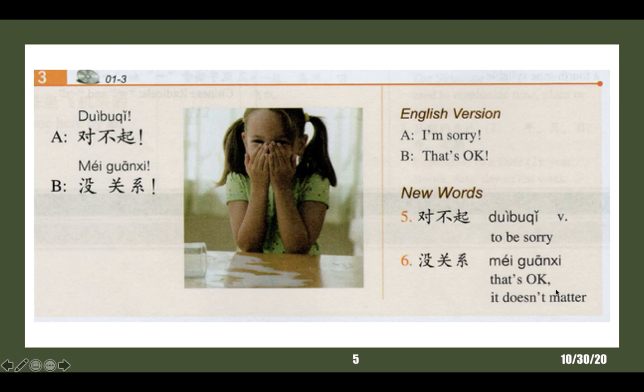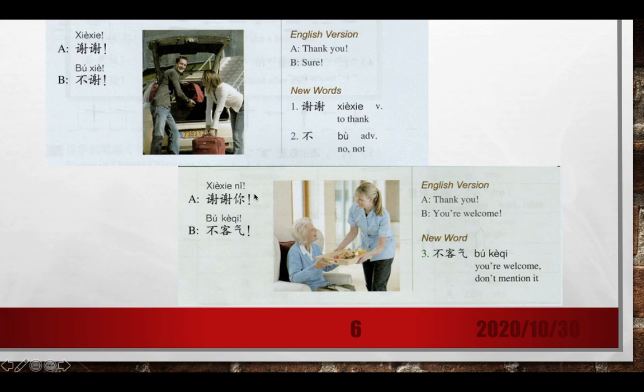So the response could be 没关系, 没关系. So 对不起, 没关系. Very simple.